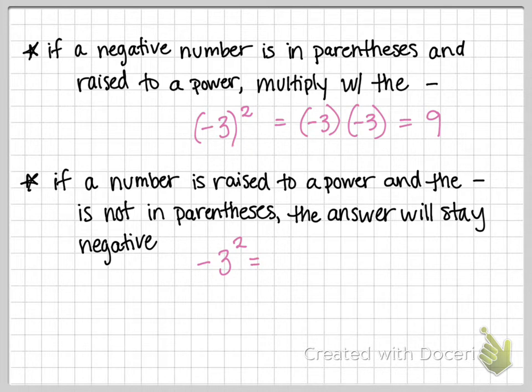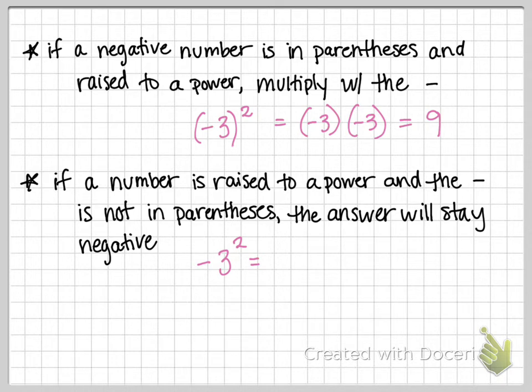For example, notice how this one is different than the first example. We have negative 3, not in parentheses, to the second power. So what we're going to do is do our exponent first, order of operations. We do exponents before we do any multiplication or anything. So 3 squared is what? 9. 3 times 3.